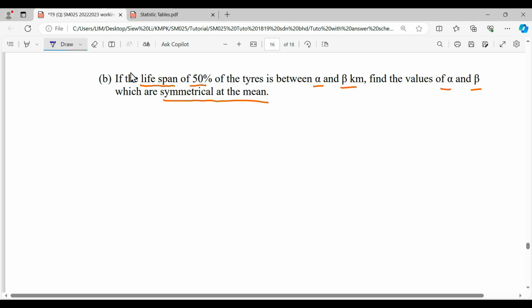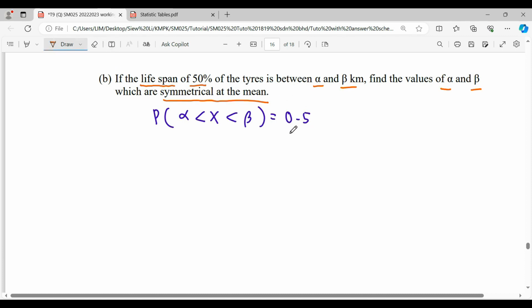So from here it means that 50%, we change it to probability, the lifespan x between alpha and beta is 0.5. Then from here we need to find what our alpha and beta are. Given the hint here, they are symmetrical at the mean.